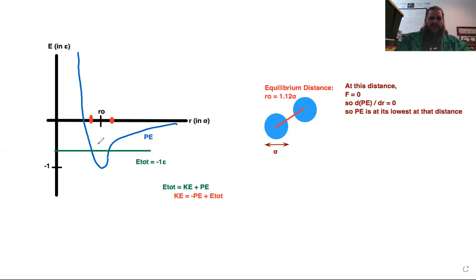So if we take the potential energy graph, but only this portion of it, flip that upside down, reflecting across the axis. And then plus E total, that's plus a constant, so that's just going to shift it. And then we would also cut off anything below the axis because kinetic energy can't be negative. So you could think of it as taking the entire shape of the potential energy graph.